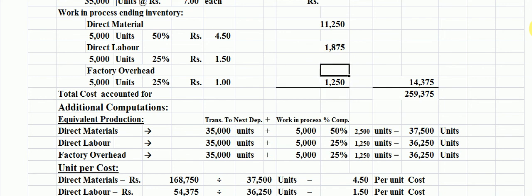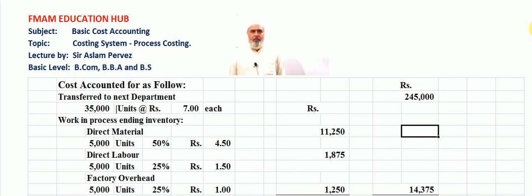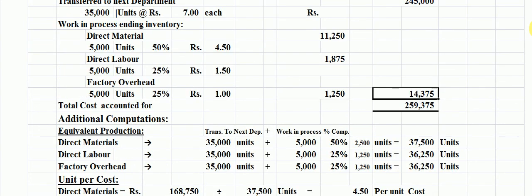Now we add these amounts. Then we find the total cost of still in process units, 5,000, is 14,375 rupees. Students, now we add this value with this value, then we find the total cost accounted for as 2,59,375 rupees.